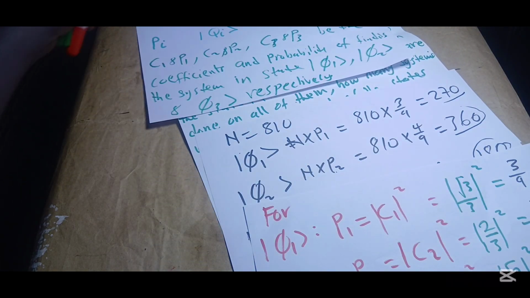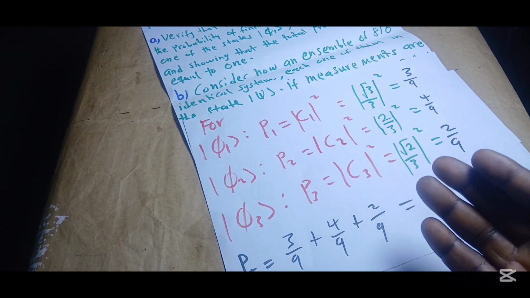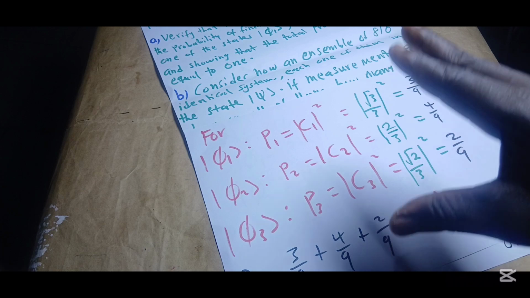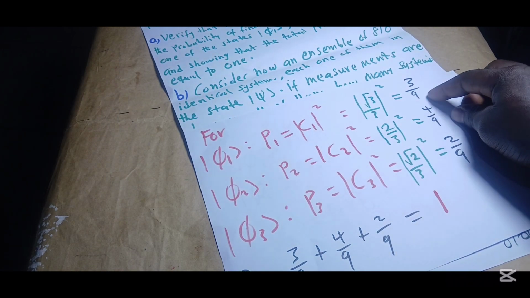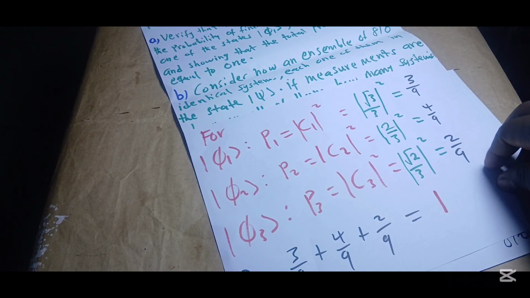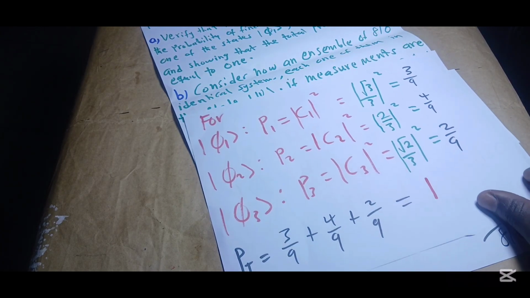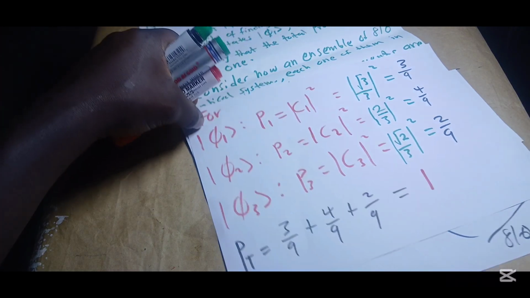And now we started our calculation that the probability of finding a state in phi 1 is equal to the coefficient of phi 1 squared, the absolute square. So that is what we did here to get the probability contributions of phi 1, phi 2 and phi 3. And now we prove that the total probability equals 1. That is for part A of the question.